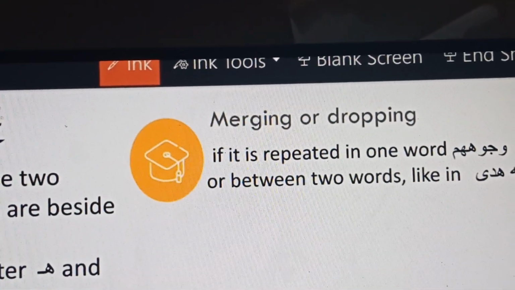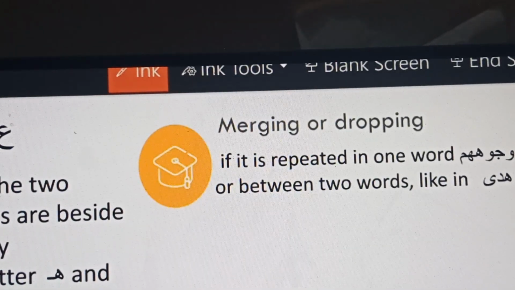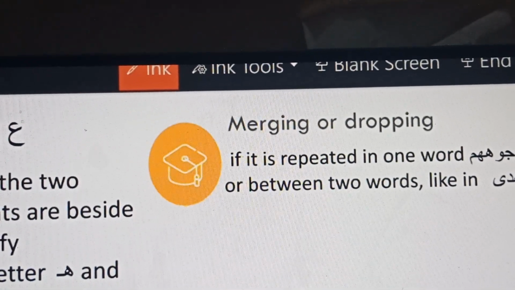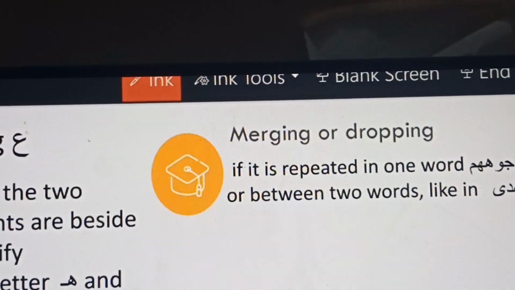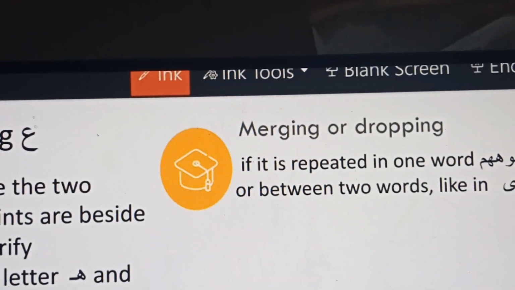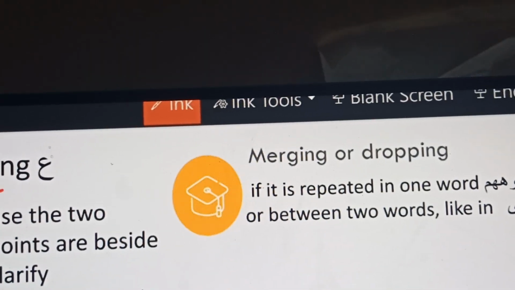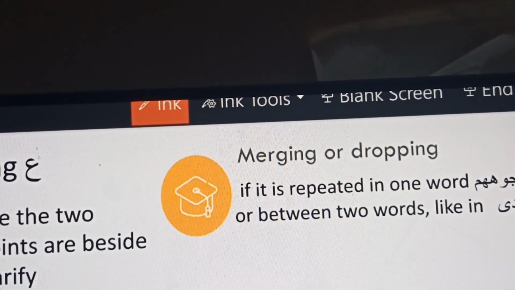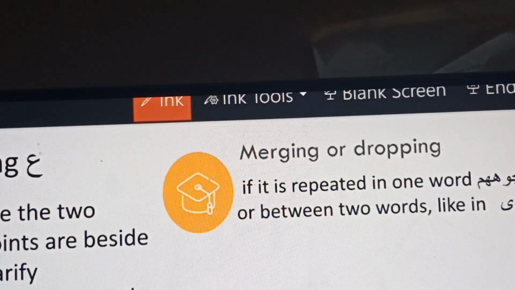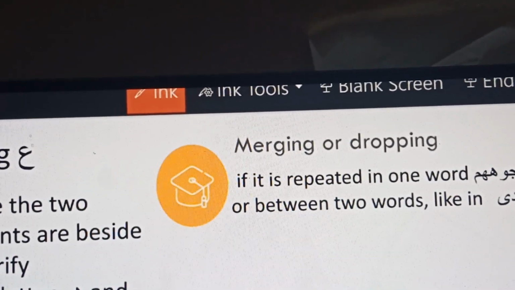So you see this ha sound is merged, as you hear them as one ha, or you may even find one ha dropped.